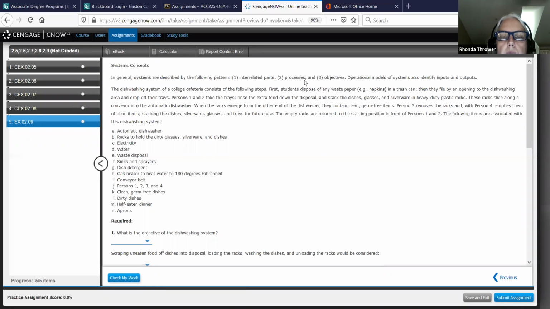And once the information is processed, we can come out with an output, which will be our objective for this particular problem that we're working on. So like in an accounting system, we're going to put in our economic data in the form of transactions. We're going to put them through processes where we summarize that information, and then we will report that information.